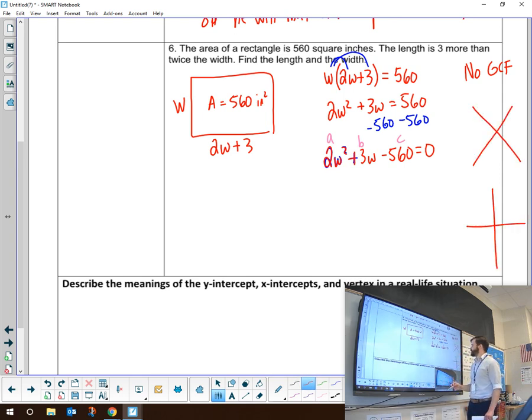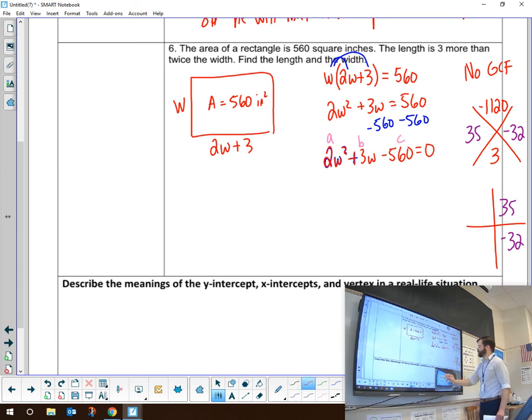On top of my X, we're going to go 2 times negative 560 is going to be negative 1,120. On bottom, we're going to have a 3. That's a big gap to make up. So we need two numbers that have a gap of 3 that multiply to the top. And those two numbers are going to be 35 and negative 32. Okay, so those are my two numbers.